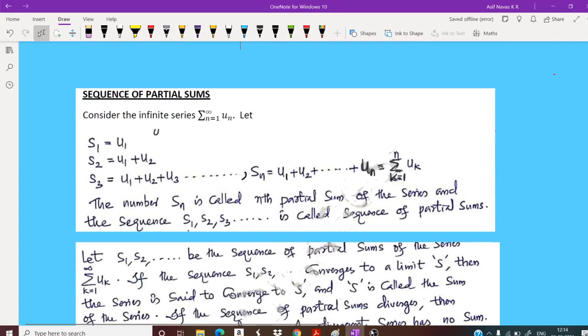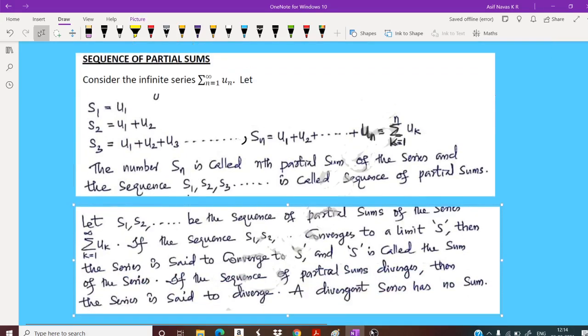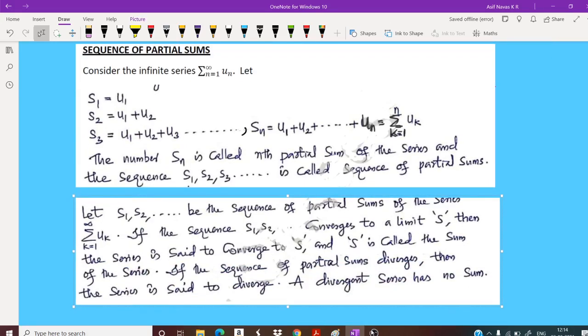Now our aim is to find the sum of the series, or to check whether a series is convergent or not. For that we will define a new sequence of partial sums.